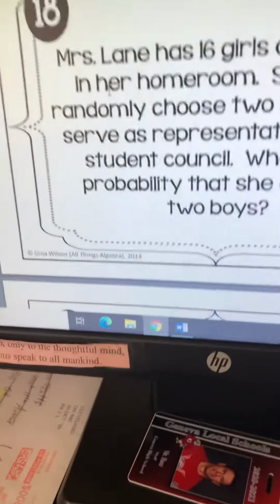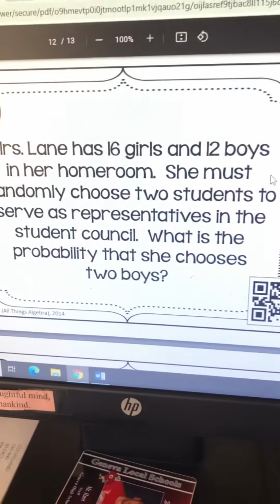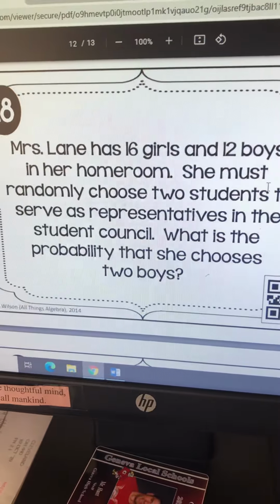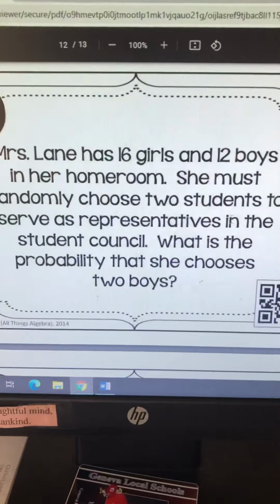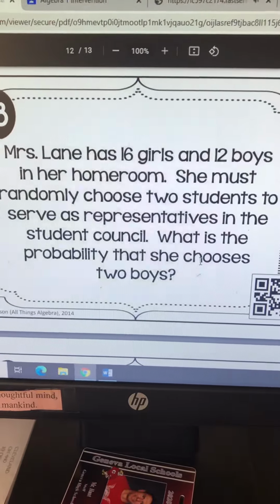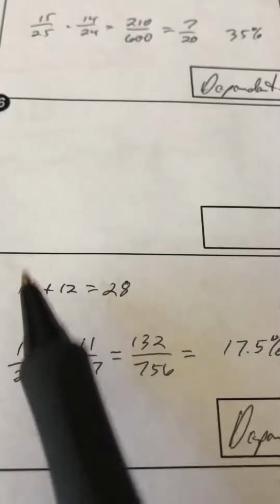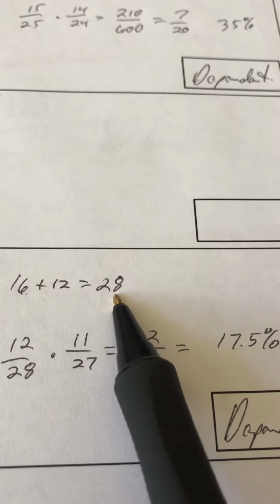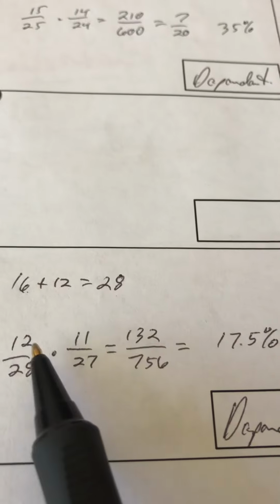Number 18. Mrs. Lane had 16 girls and 12 boys in her homeroom. She must randomly choose 2 students to serve as representatives in the student council. What is the probability that she chooses 2 boys? Well, girls and boys equal 28 students.